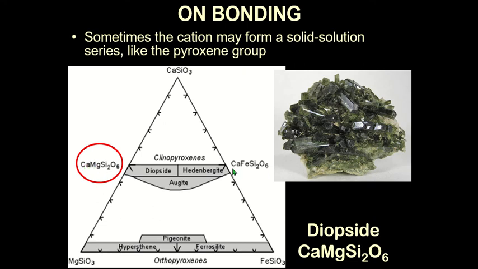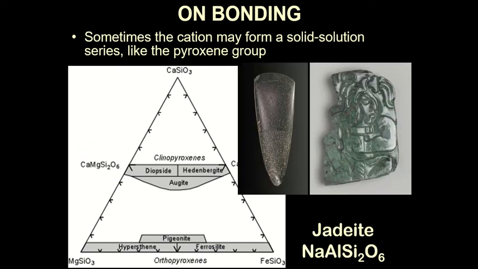Over here, however, there are related minerals which are calcium and iron, and so this forms a solid solution, and the closer it is to one corner, it will have more or less of different elements. A very important mineral that you may be aware of is, of course, jadeite, which is a pyroxene, sodium aluminium silicate.